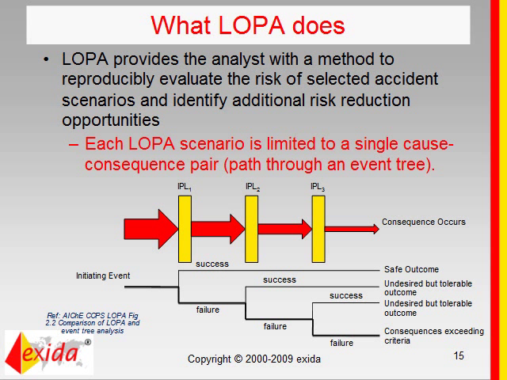If that one fails, we go on to the third protection layer, and if that one fails, we end up with the actual accident. So there are a couple of areas here where protection layers can be successful, and we end up with an undesired but tolerable outcome. We end up with risks that are much lower than the initial risk, something that we could tolerate or basically live with.